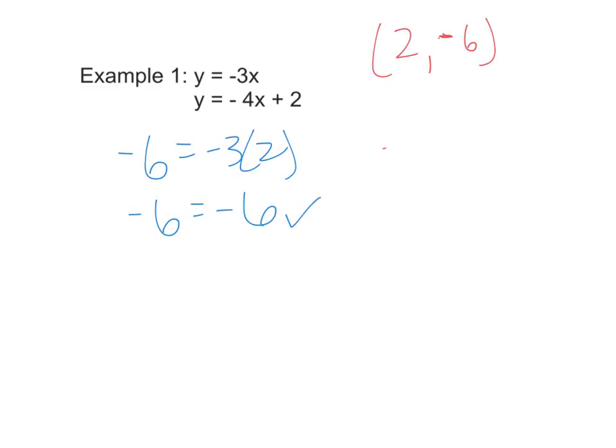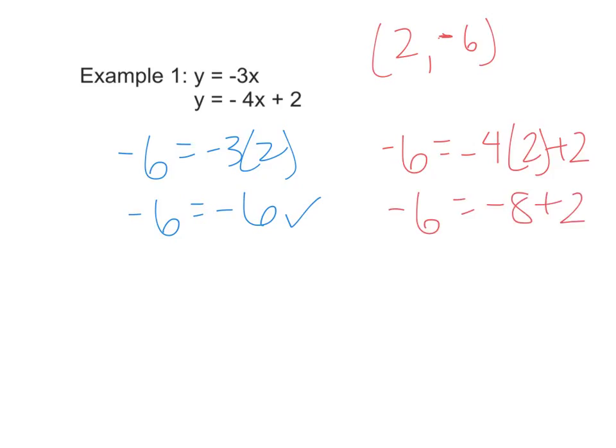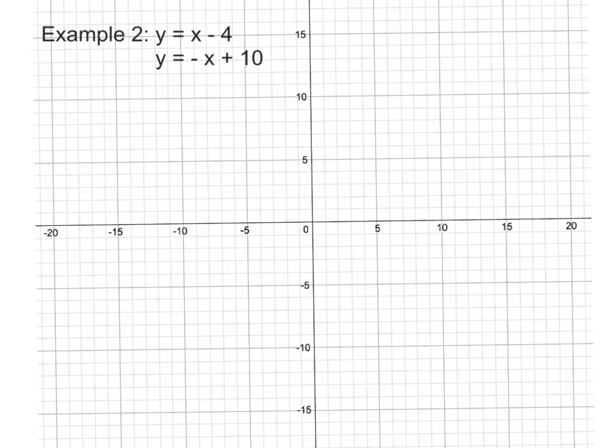And then I'm going to plug in my negative 6 for y equals my negative 4 times 2 plus 2 to see if my left and my right sides are also going to be equal. And they will. They'll both equal negative 6. So the point of intersection for our two equations is 2 and negative 6.